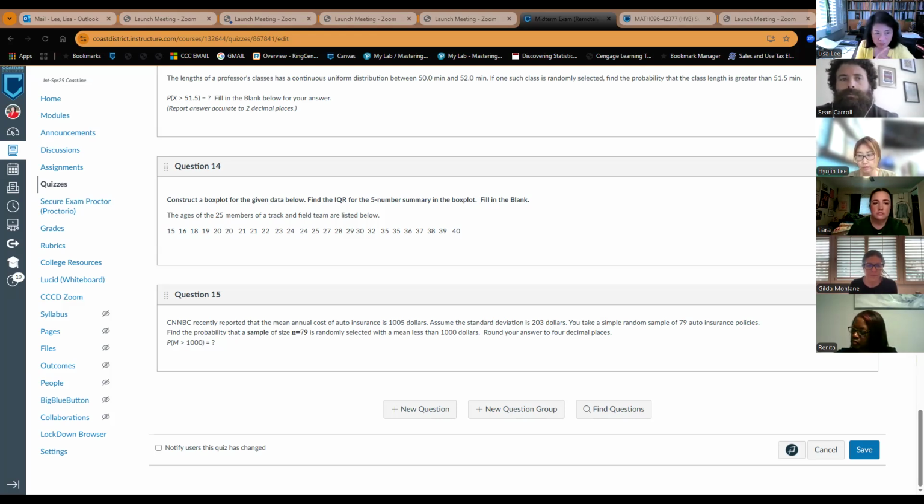But first, we have to search for the keyword. The keyword is when they mention the sample size is randomly selected, the part with the red line under it. That indicates we need to apply the central limit theorem.